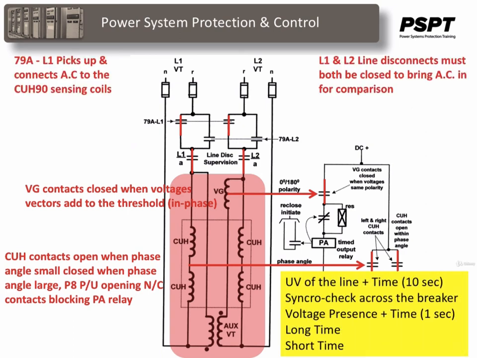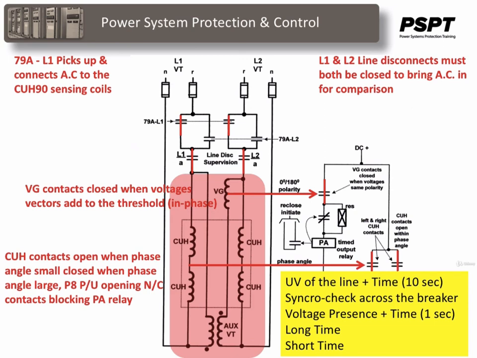As I said, this is only a partial look at the control circuits for the CUH90. It gives you a partial look at the initiation of breaker reclosure and applying the AC quantities to the sensing relays and initiating some of the DC timers.